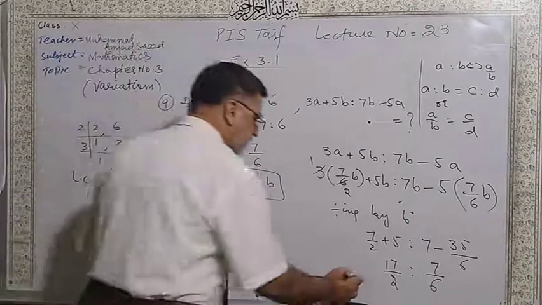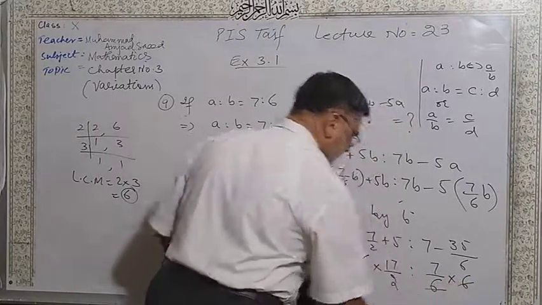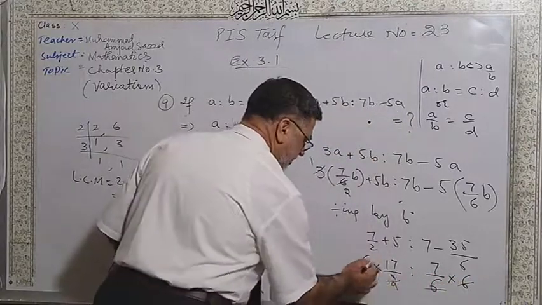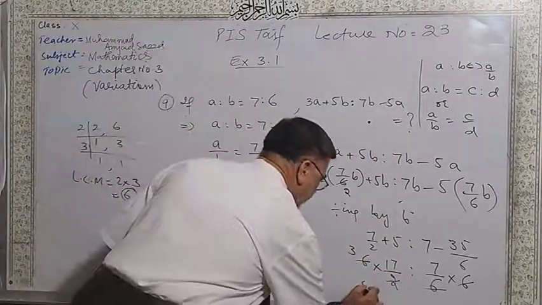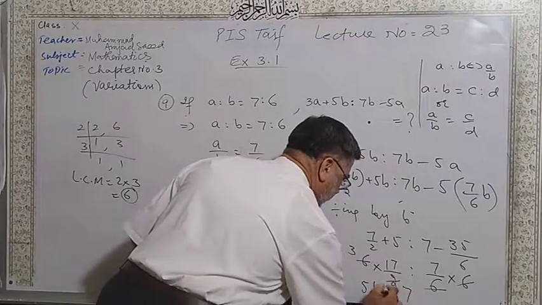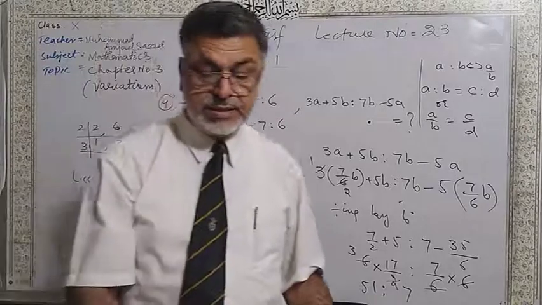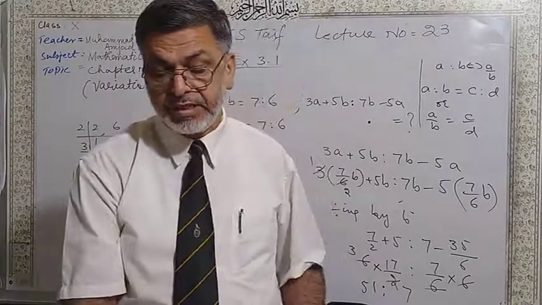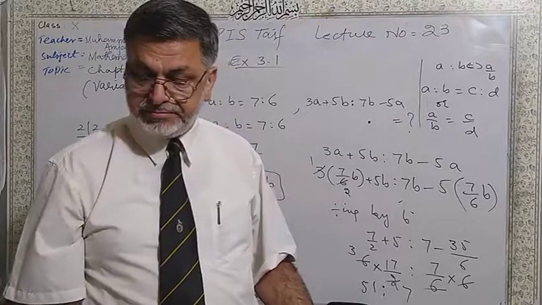Multiplying both sides by 6, the 6 cancels out, and 2 3s are 6. 3 into 17 is 51, ratio 7. That is your answer: 51 ratio 7.